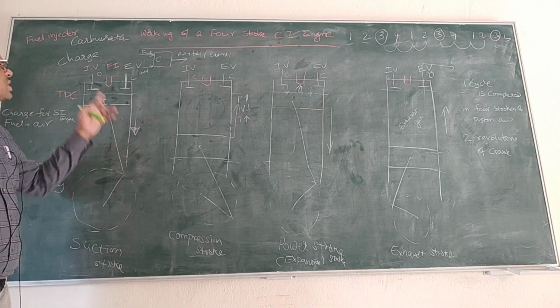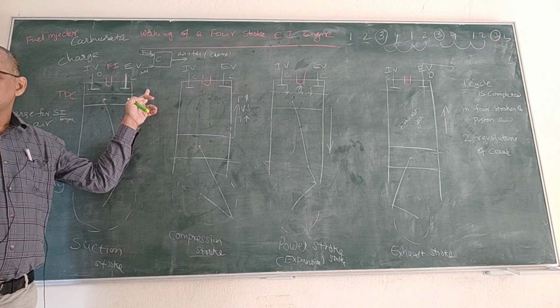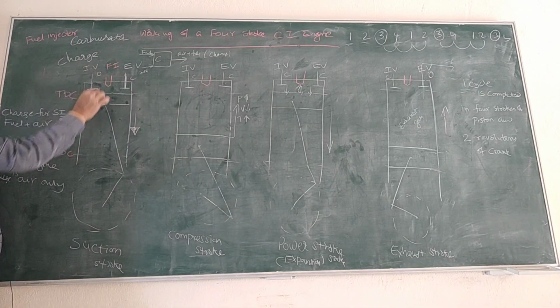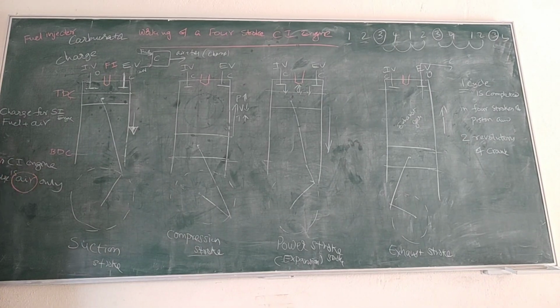During this process, the inlet valve is opened, the exhaust valve remains closed. As the inlet valve is opened, the charge enters the cylinder. What is the charge in this case? Here the charge is air only. In case of SI engine, fuel plus air. But here it is air only.